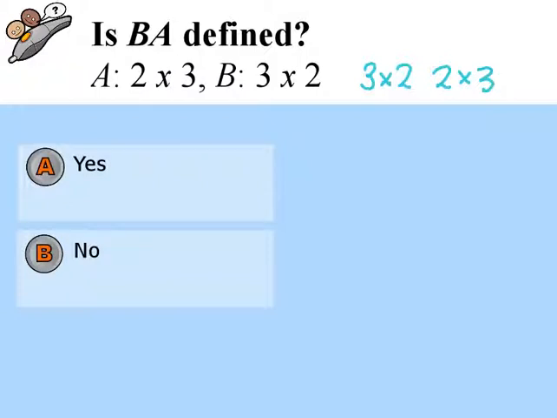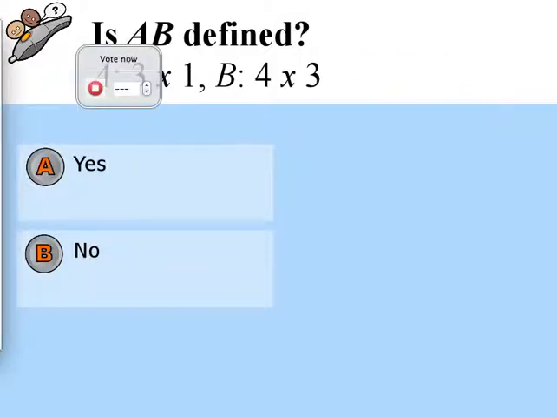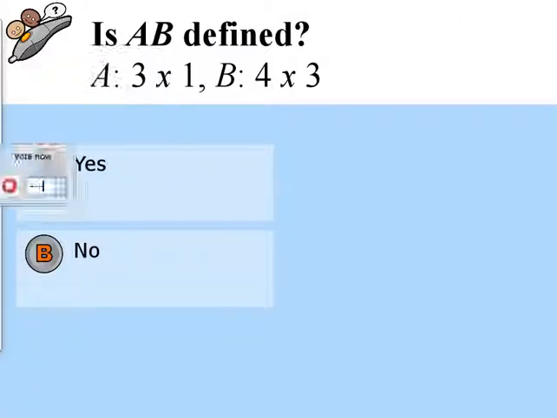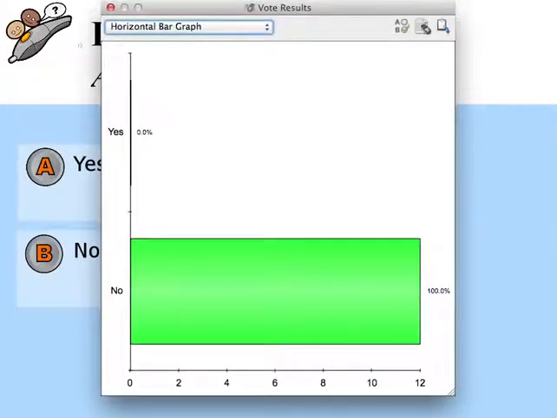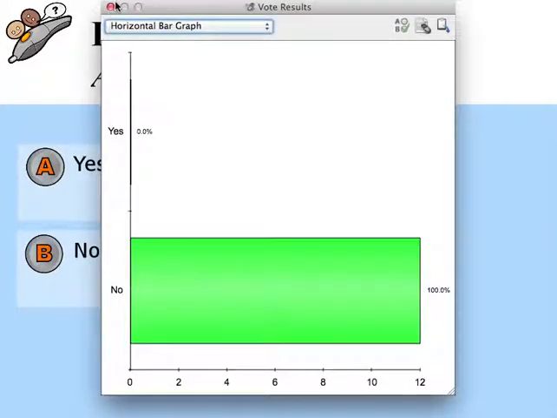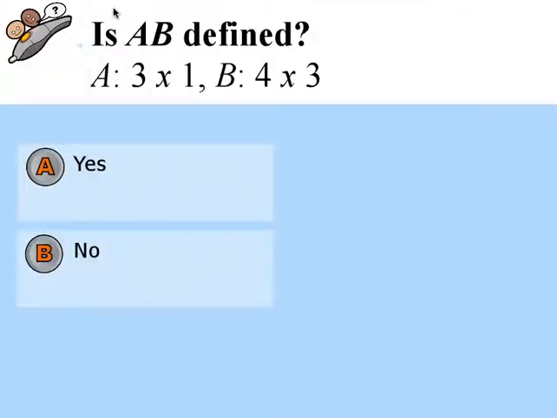Okay. All right, here you go. Is AB defined? I'll get that out of the way so you can see. No, nice job. Okay, because they don't match. So let's try another one. Is BA defined?